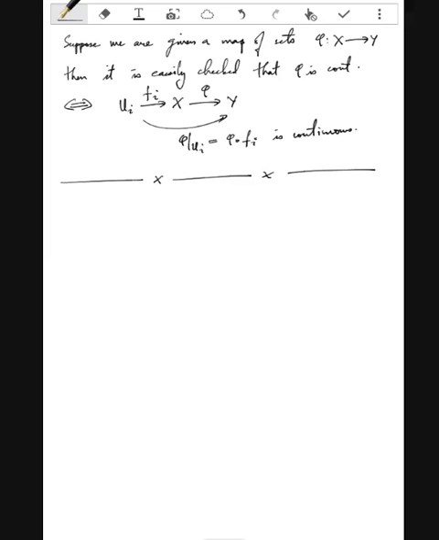So now let's see how to use this construction to make sense of manifolds. So here what we have to do is, first, let U contained in R^n be an open subset.